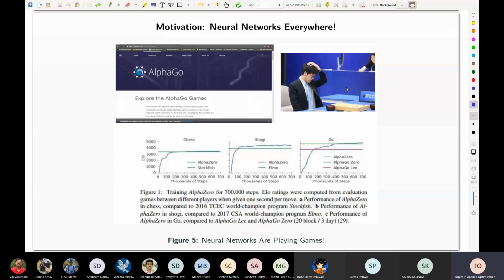For instance, if you can remember some news, there is something called AlphaZero, developed by Google's DeepMind, and they are able to beat the best of the players. And a long time ago, it could also beat the best players in chess and so on. So these days they can play a game and they can beat.